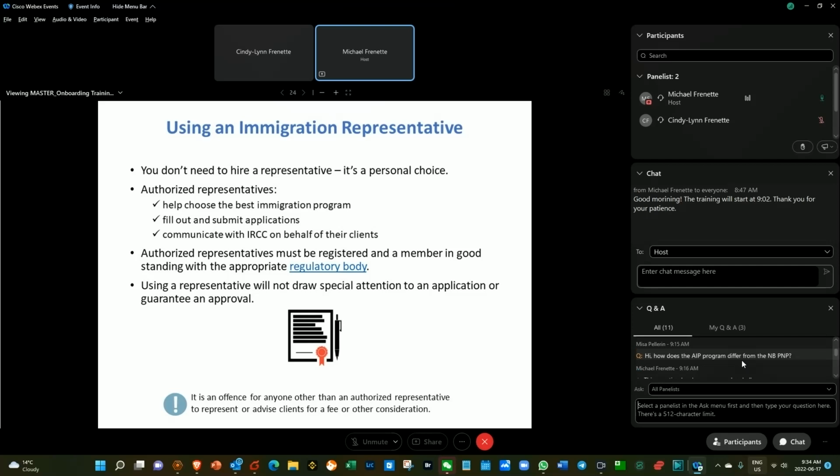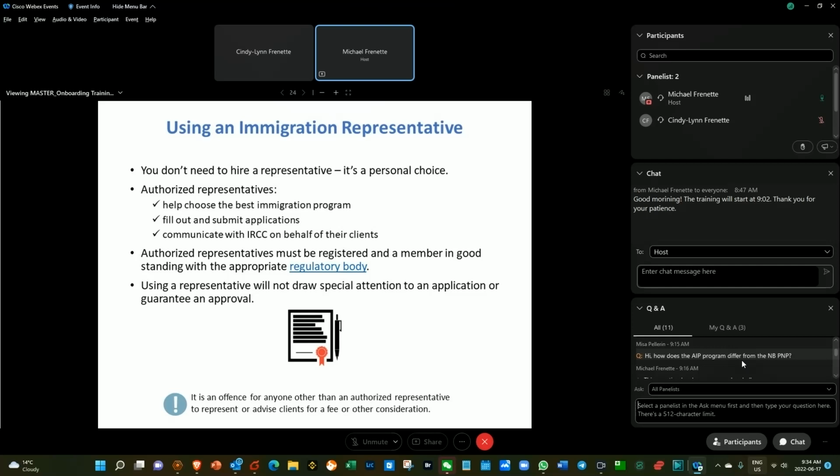Immigration representatives that charge a fee or receive any type of payment are called authorized representatives, and they must be registered and members in good standing with the appropriate regulatory body. It is an offense for anyone other than an authorized representative to represent or advise clients for a fee or any other consideration.